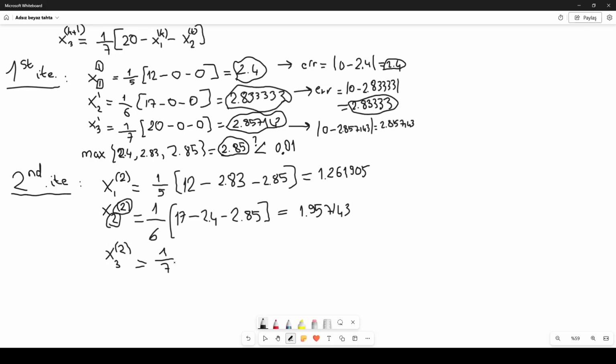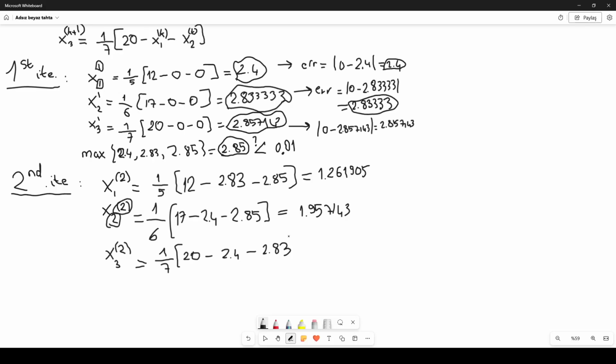We rewrite the same formula: 1/7 times 20 minus, this time the values of x1 and x2, where the value of x1 is 2.4 and the value of x2 is 2.83.